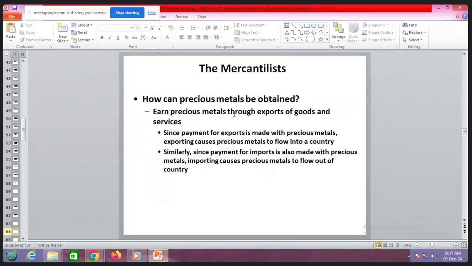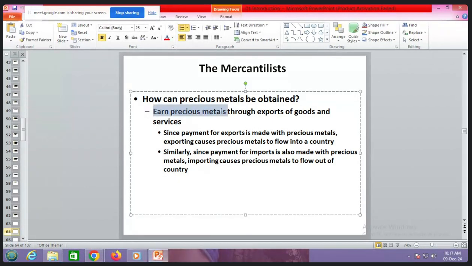So if I don't have the precious metal naturally available to me, what can I do? The second option available to countries is that they can earn these precious metals. How do they earn them? Through export of goods and services.